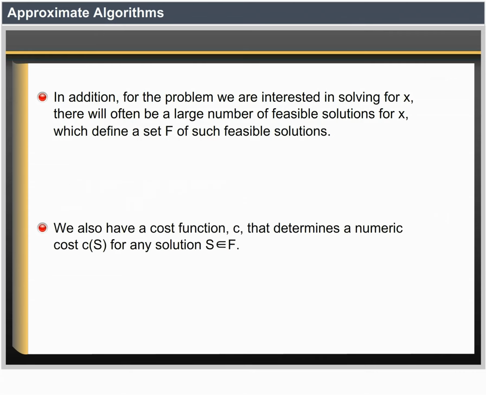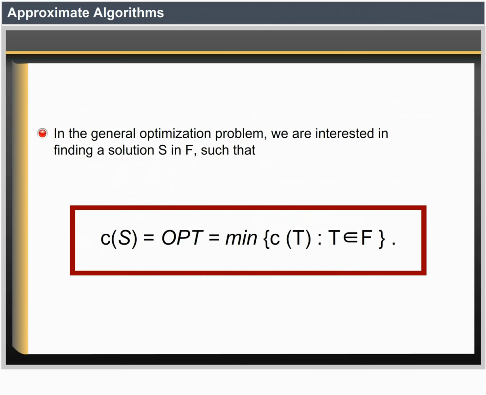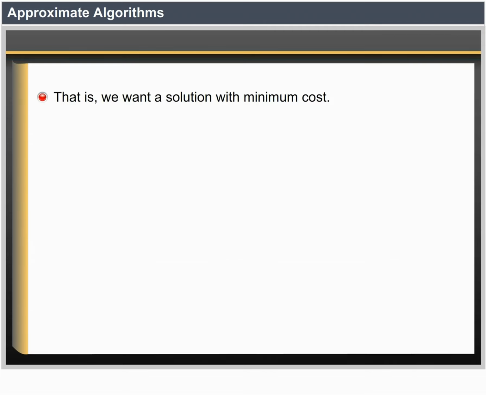We also have a cost function C that determines a numeric cost C(S) for any solution S belongs to F. In the general optimization problem, we are interested in finding a solution S in F such that C(S) equals OPT, which equals min of C(t) such that t belongs to F. That is, we want a solution with minimum cost.